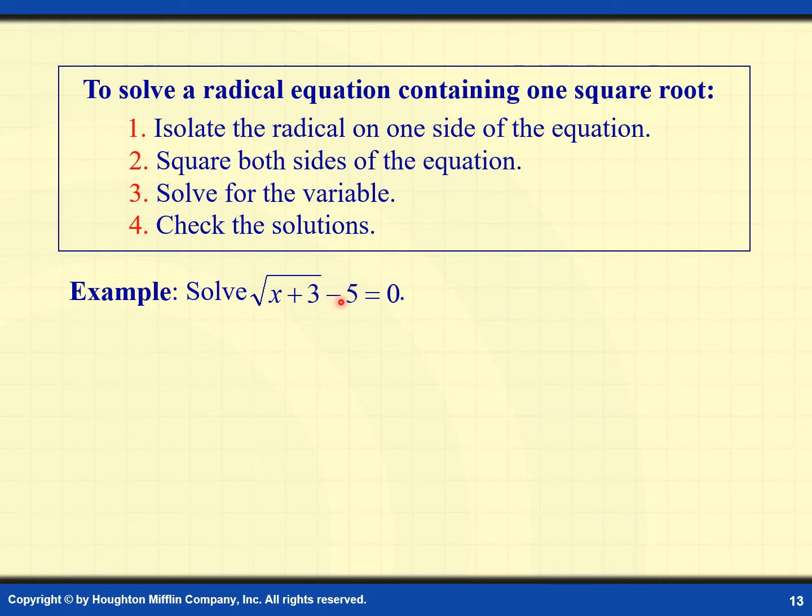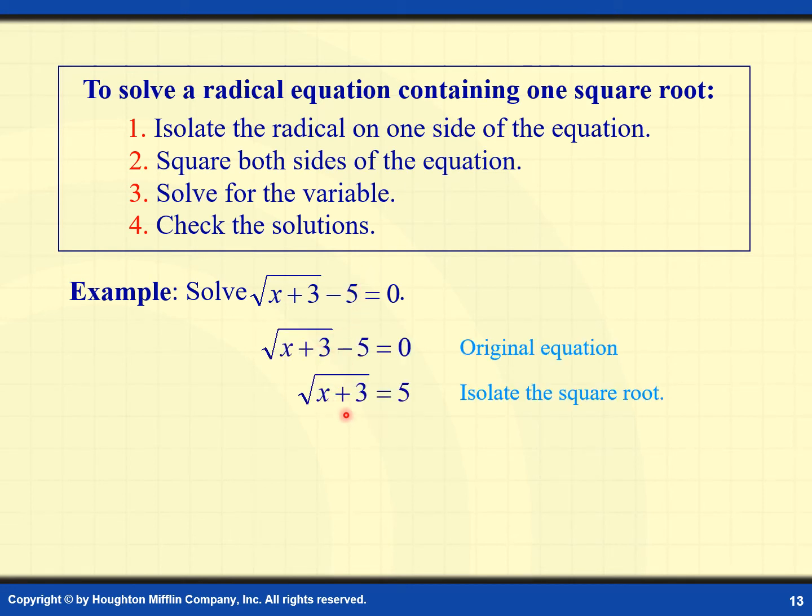So, example, ito po. So, kailangan nating i-isolate. Proceed tayo sa step number 1. Isolate natin. So, magiging square root of x plus 3 is equal to 5. Isolate. And then, step number 2 is square both sides. So, pag in-square natin both side ito, ayan.